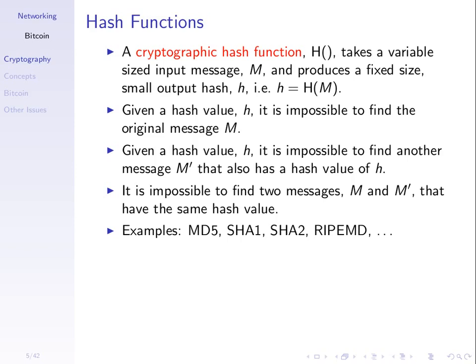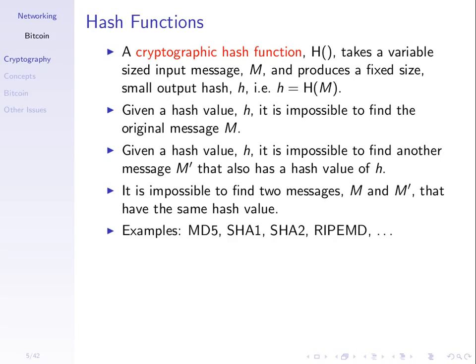Without going into the details, what can we say? A hash function takes an input of any size, of any length, and produces, with a cryptographic hash function, a fixed, usually small output, which is effectively random. Okay? The output is a random number or a random sequence of bits.